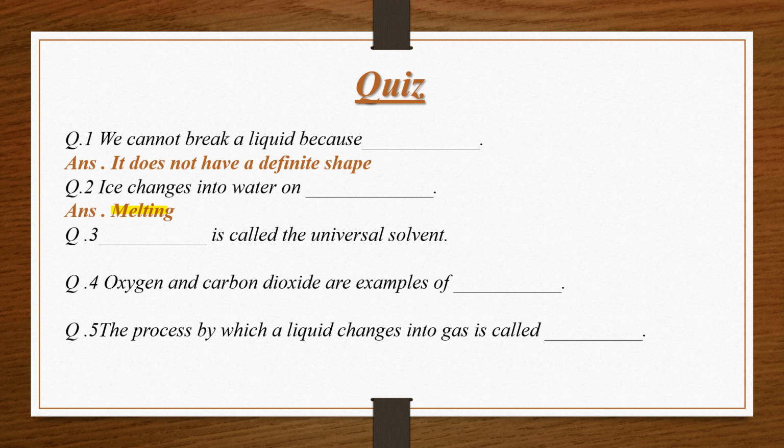Dash is called the universal solvent, as we have discussed. Water is a universal solvent. Oxygen and carbon dioxide are examples of various gases. The process by which liquid changes into gas is called evaporation.